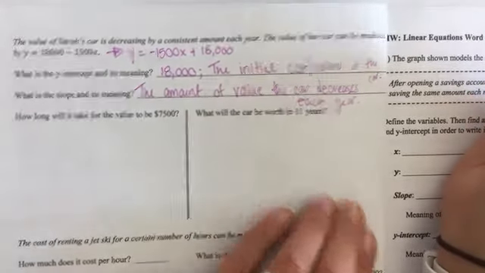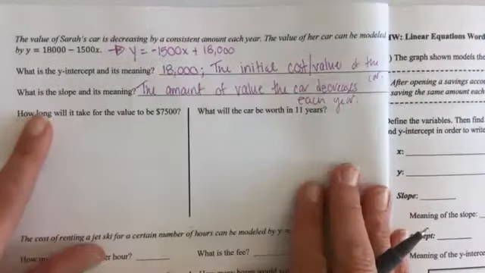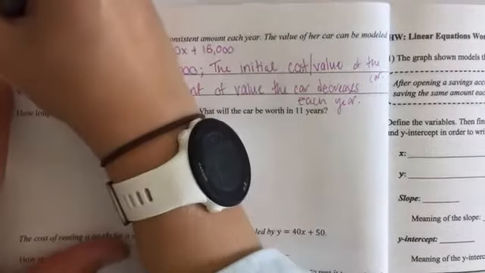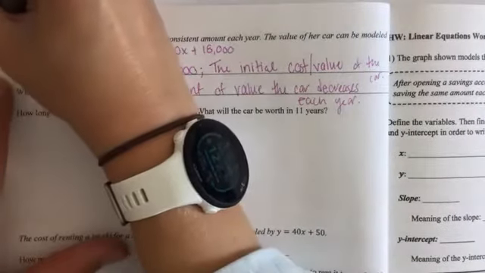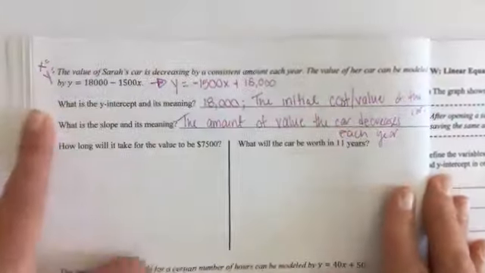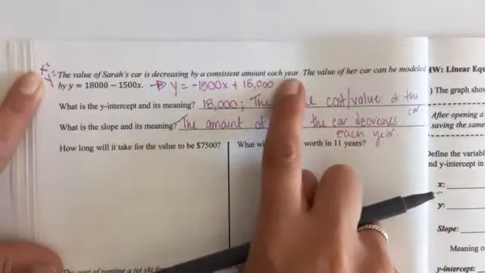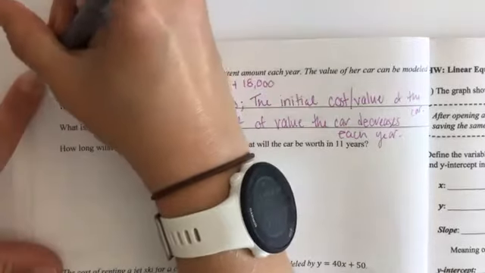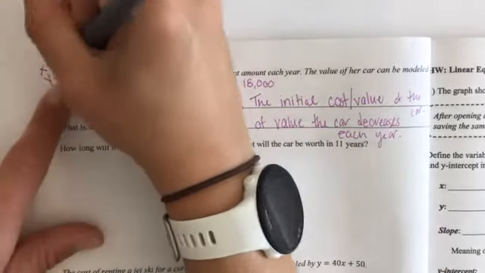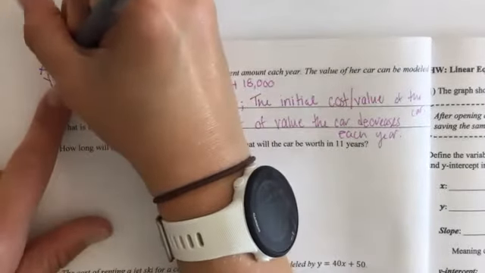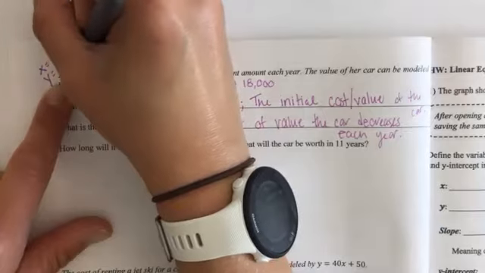Okay, so one thing to pick out here is, sometimes in the beginning of the problem, what is our X, what is our Y? So what is X in this case? Well, we're talking about time in years. So X is the years and Y is the value of the car.